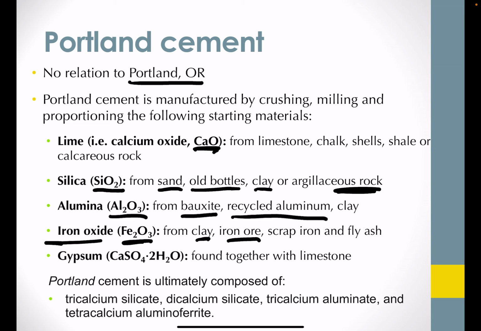And lastly, it's known that gypsum can be applied, calcium sulfate as a dihydrate, and this can be, in fact, found within limestone often to provide the additive that way.